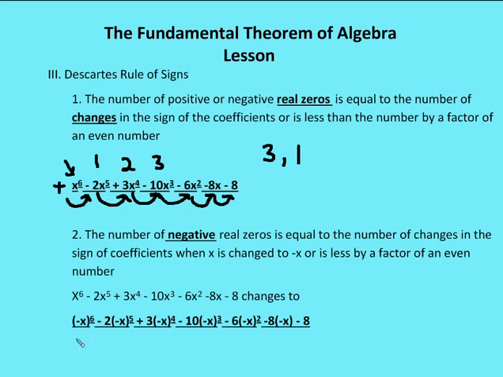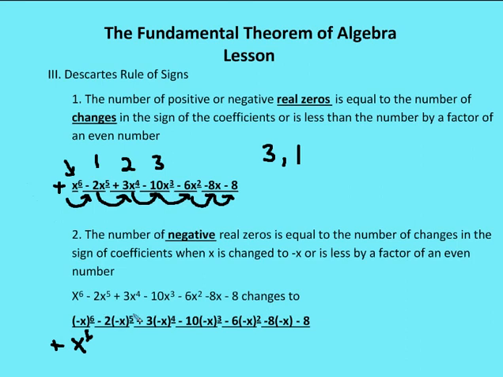So negative x to the 6th, I'm going to rewrite as x to the 6th. It's going to be a positive value because I know that any value to an exponent that's a multiple of 2 is going to be a positive result. All right, so negative 3 times negative 3, for example, is going to be positive 9.